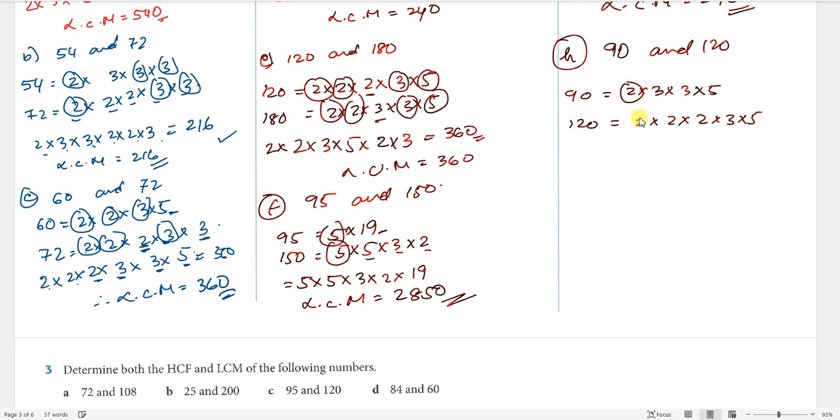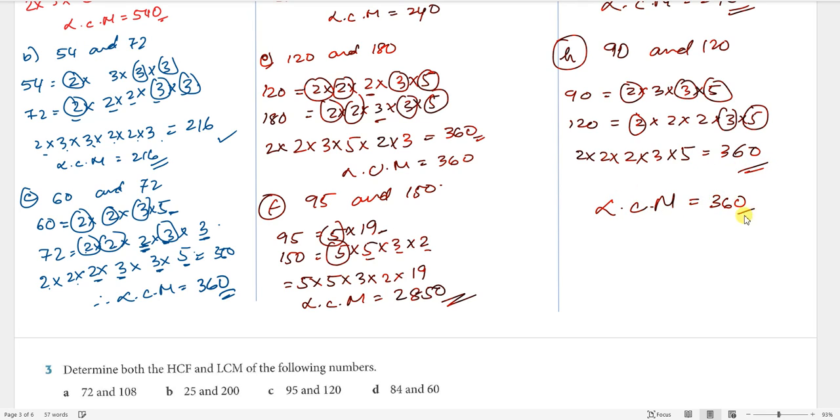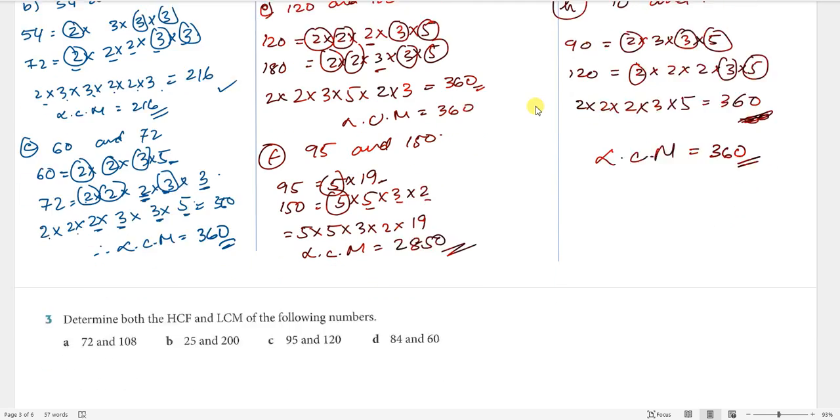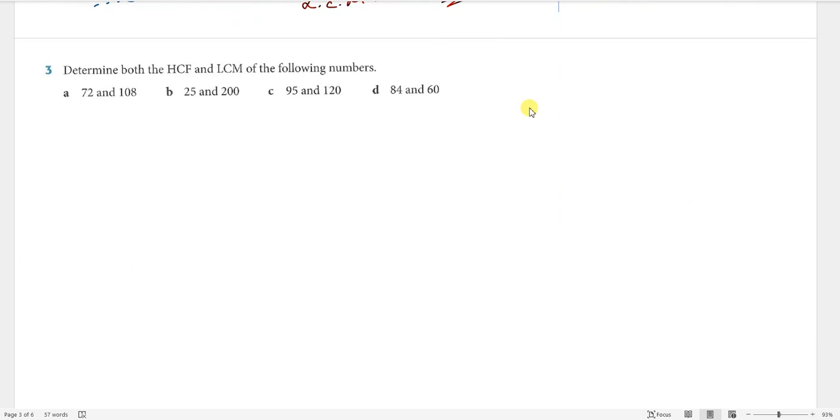So we circle the common ones, 2, and do we have a 3? Yes. Do we have a 5? Yes. So we can write 2 times 2 times 2 times 3 times 5, which is equal to 360. So LCM is equal to 360. Done with question 2. Let's start with question 3.